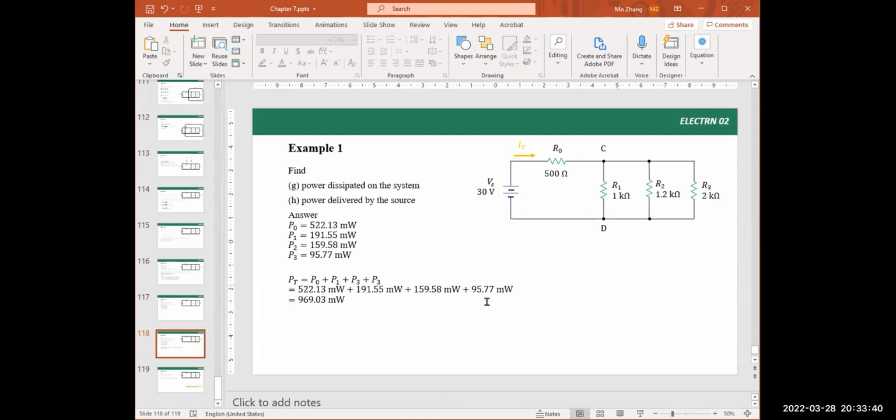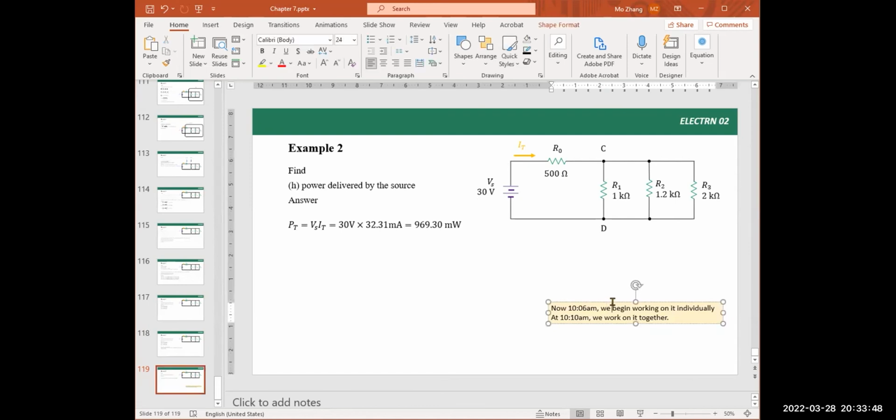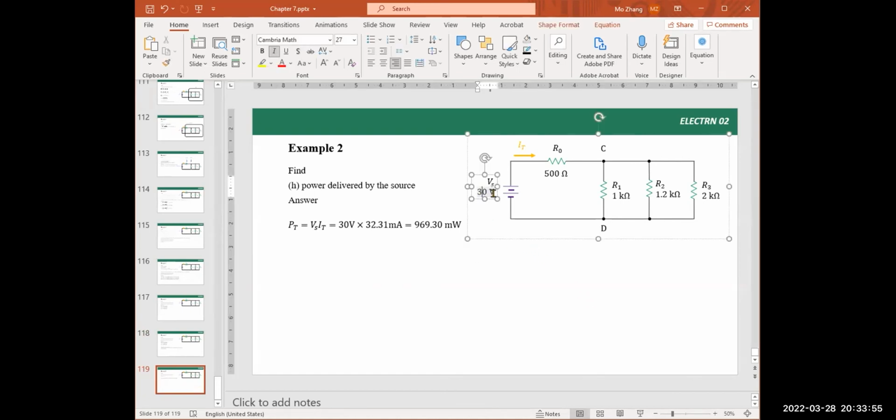Okay, cool. And then we just have one more question, which is the power delivered by the source. This has several ways to get it, but I think the most straightforward way is the source voltage times the current flows out from the source, right? The product is the total power delivered by the source.